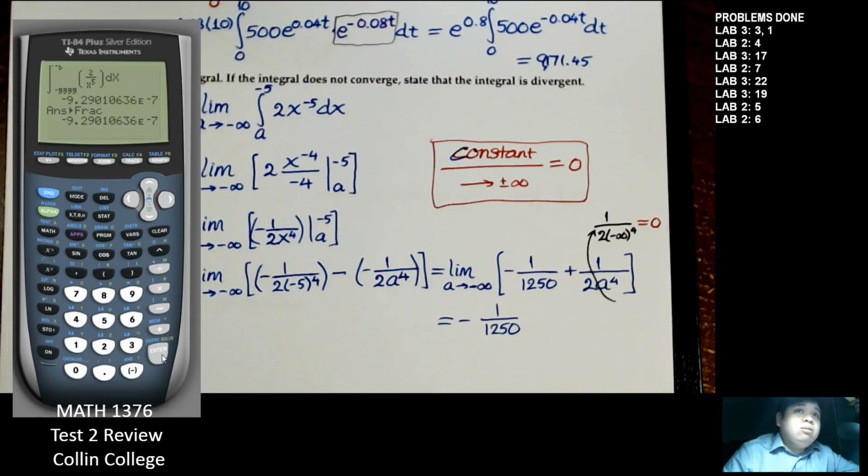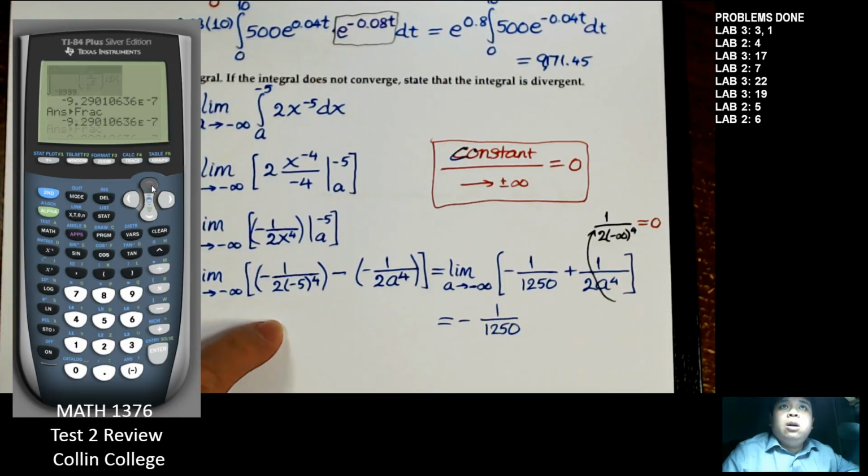It will not give us a fraction. Let's look at that again.